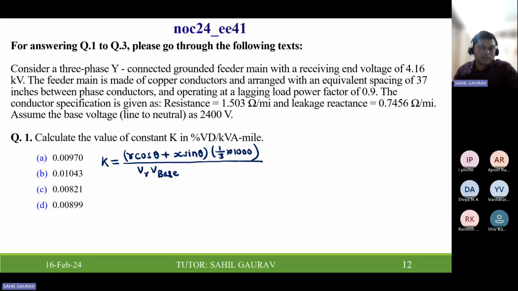So you also write the units. Units will help you in solving these problems very easily. So its unit is voltage drop per unit per kVA mile.